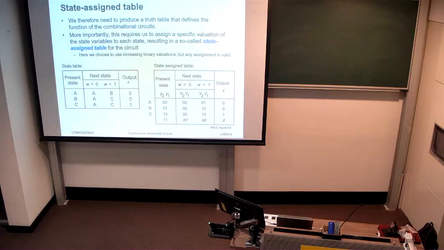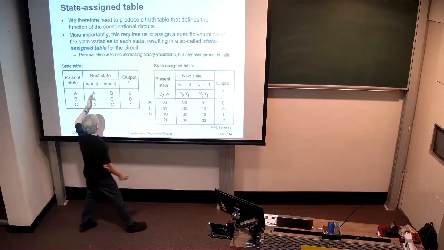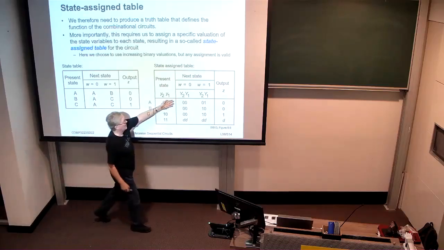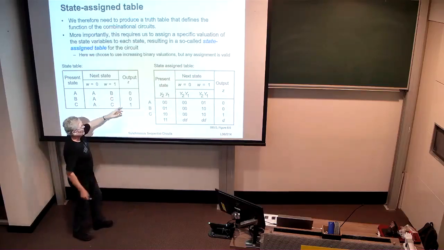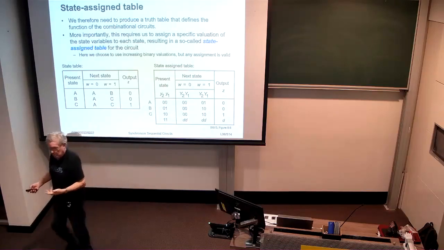We'll design it so that we never enter that state. And the rest is just a direct translation. Wherever A appears, we write 0,0. Wherever B appears, we write 0,1. And where C appears, we write 1,0. Okay?